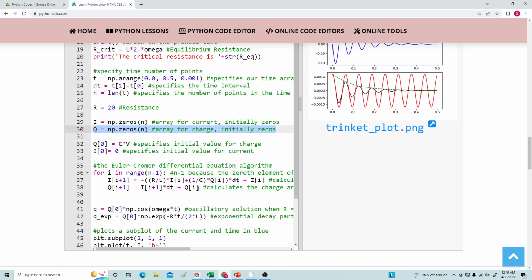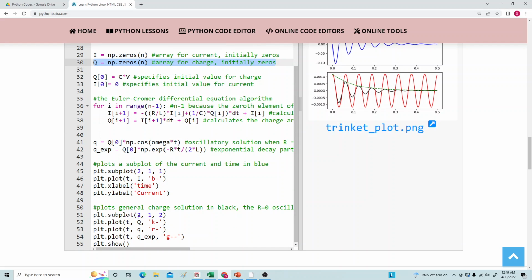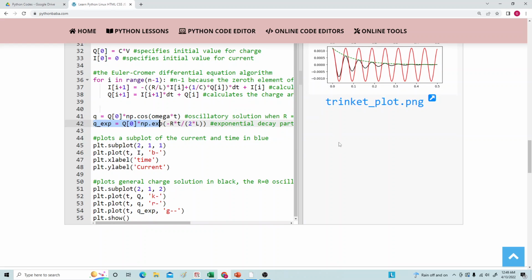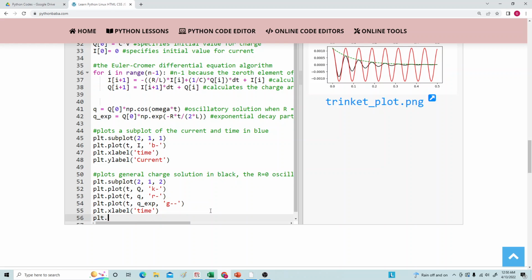So capital Q is the array that stores the general solution, and qexp is the exponential decay function. And so that's what all of these are doing. And if we want to, we can do the same thing. So PLT, and actually, well, I was going to copy and paste, but I'll just go ahead and type it out, so it won't take that much longer.